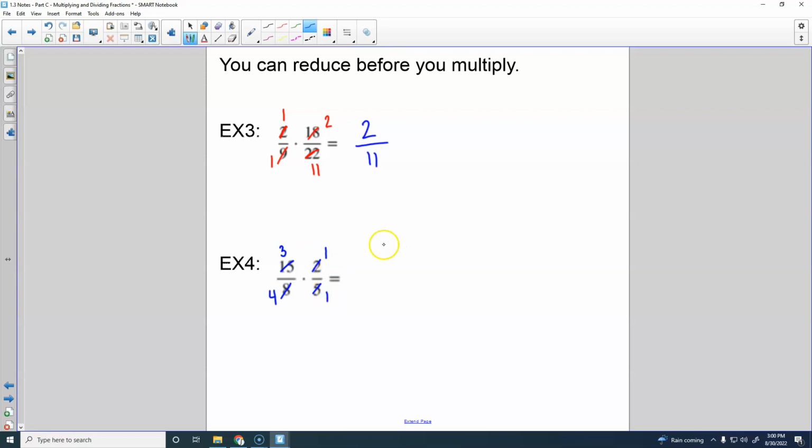And so if I multiply straight across, I'd get 3/4. It keeps you from having to reduce at the end most of the time. But you don't have to do it that way. You could have done this one like this, 30 divided by 40, and then 30 divided by 40 is 3/4. That's really not that difficult either. It's just really when you get big numbers, it's kind of hard to do. All right, questions on multiplying?